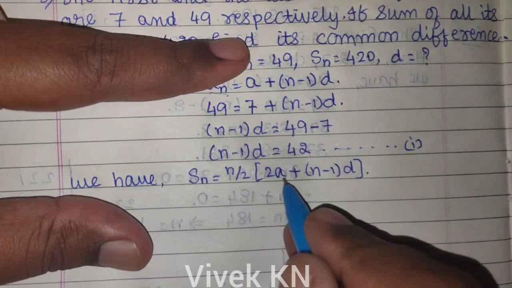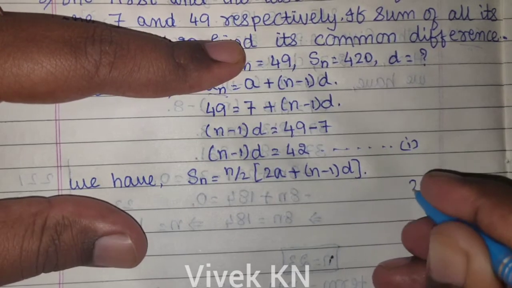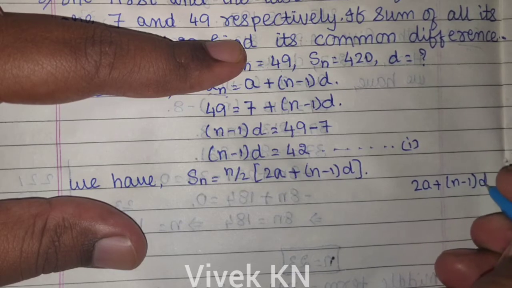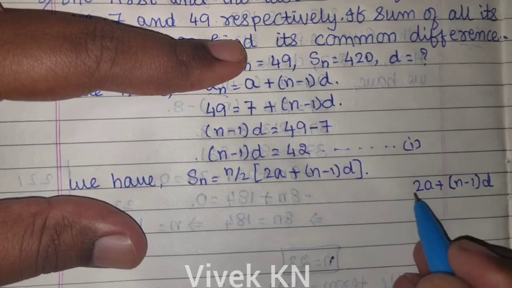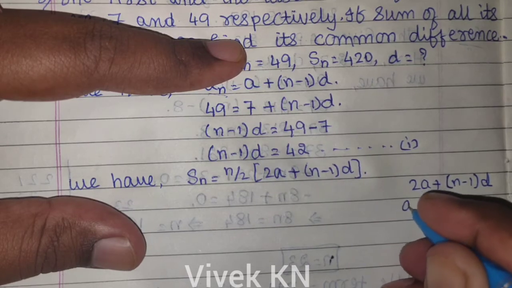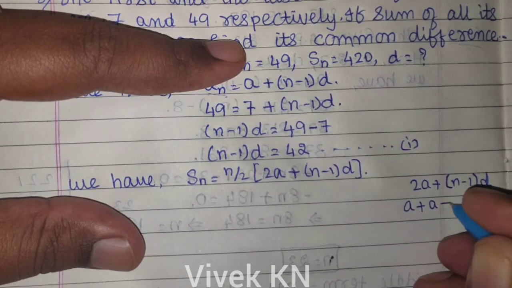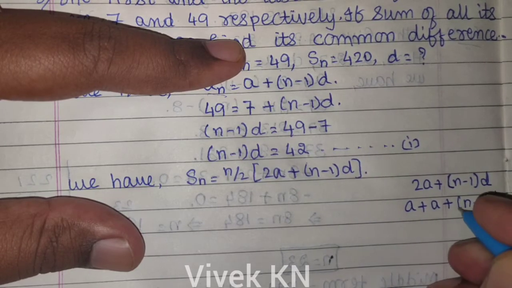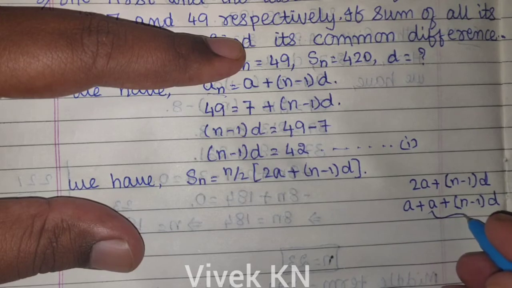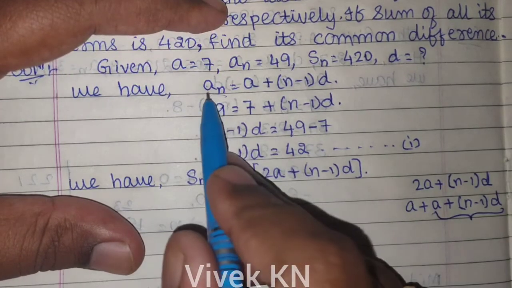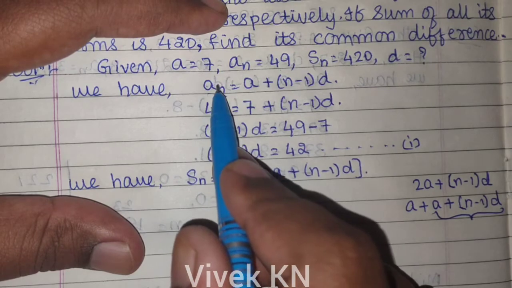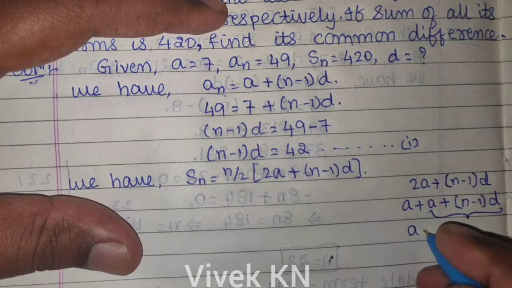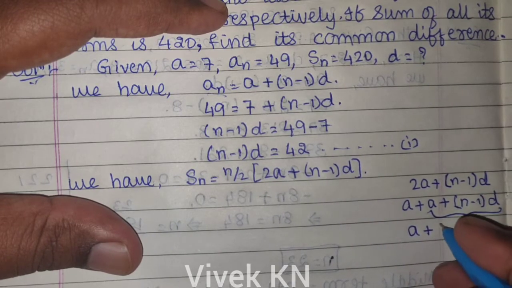Here 2a plus n minus 1 into d can be written as, here 2a can be written as a plus a, and the remaining as it is. Now this a plus n minus 1 into d can be written as an, because an is nothing but a plus n minus 1 into d. So this can be written as an.